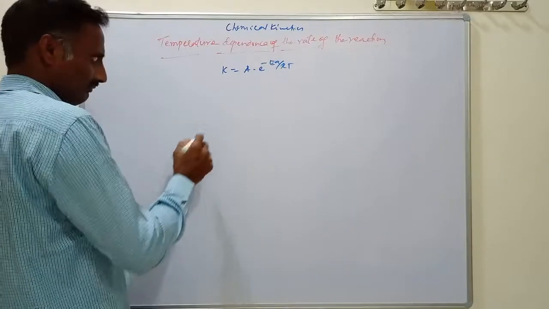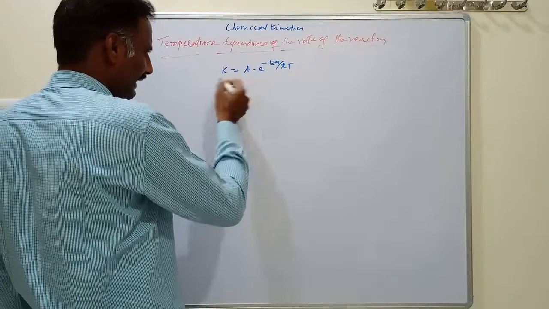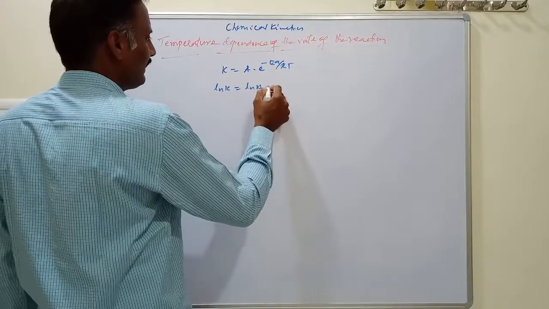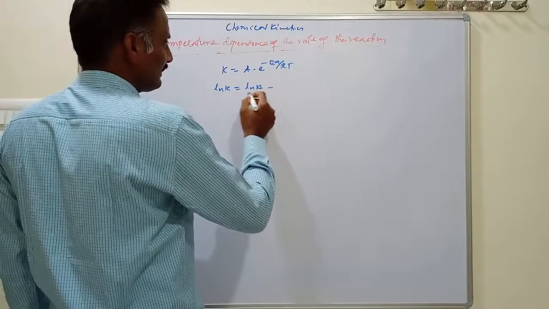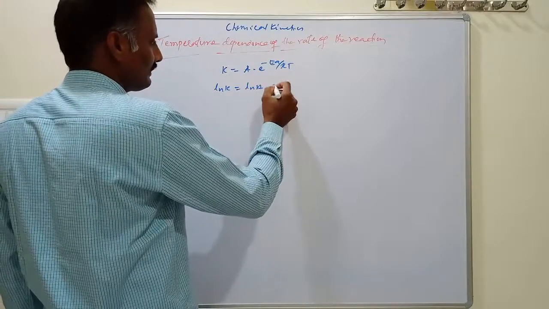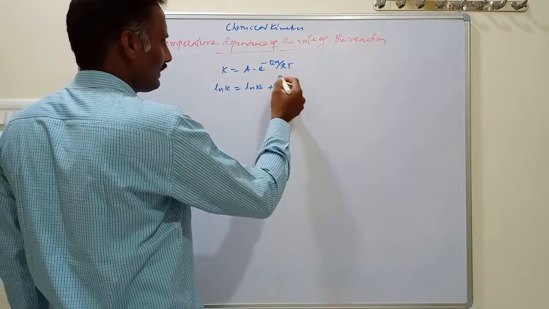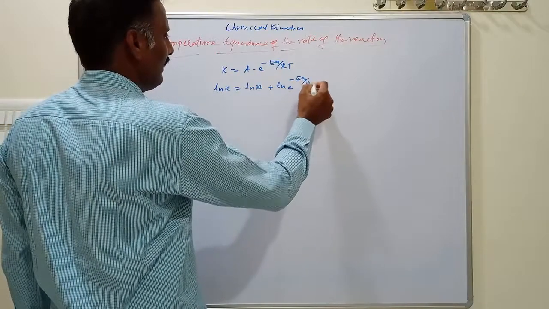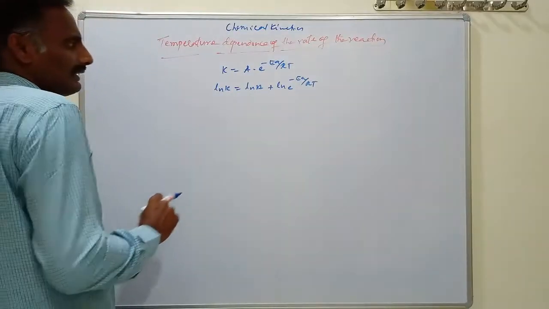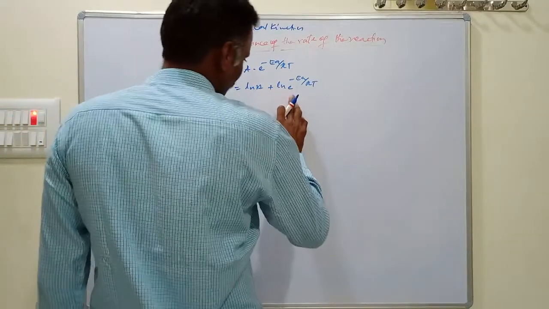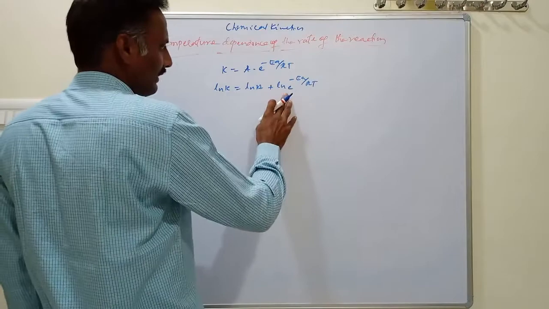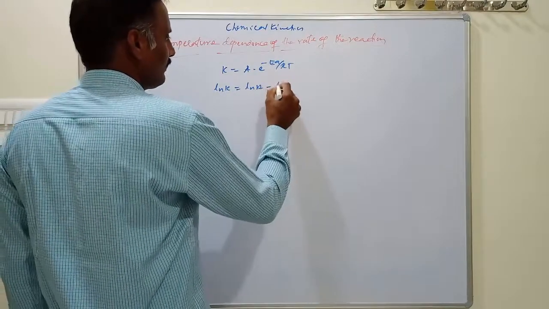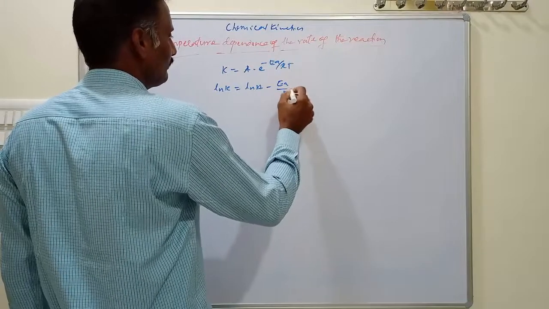Taking ln on both sides, we get ln K equals ln A minus EA by RT.